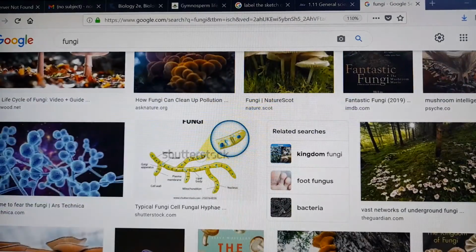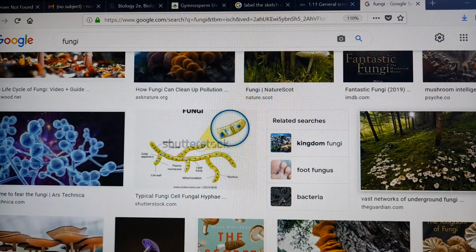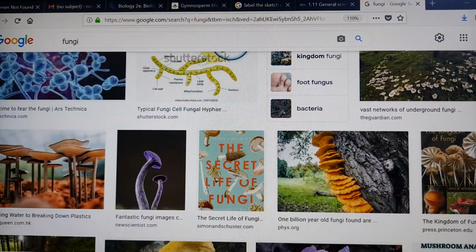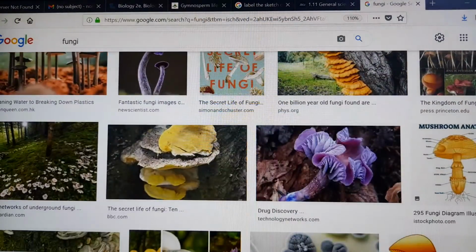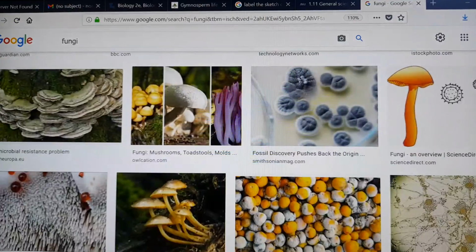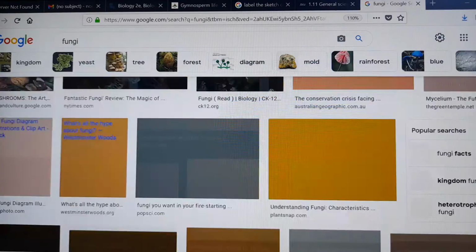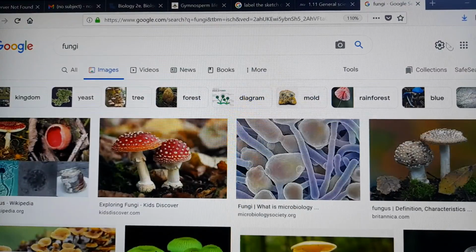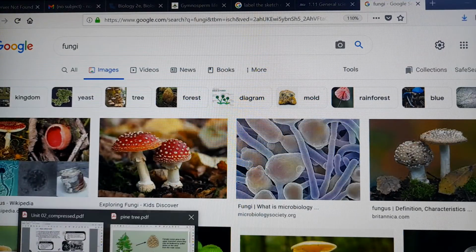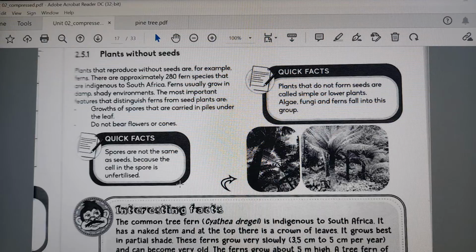What more can we see on fungi? It's on mushrooms there. It looks like a mushroom, okay, but it's fungi. That's our fungi. I think I've shown you enough. Let's go back and continue with our lessons.